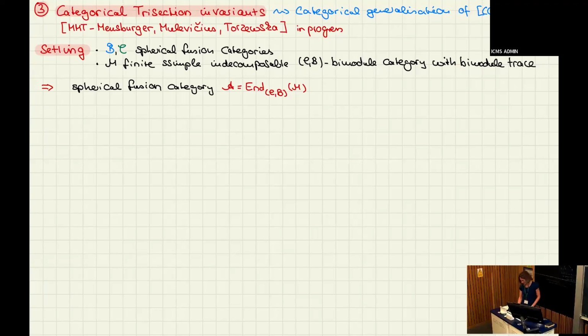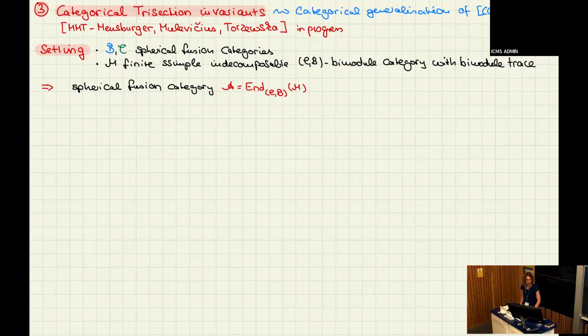And this finite semisimple is for convenience and also because we need it. And the indecomposable is so that this is indeed a spherical fusion category and not just a multi-fusion category. So here it's somehow very natural that we have three colors, and we do not have to put in a construction, but something that is already there. And one also has some idea here what one would put on the crossings.